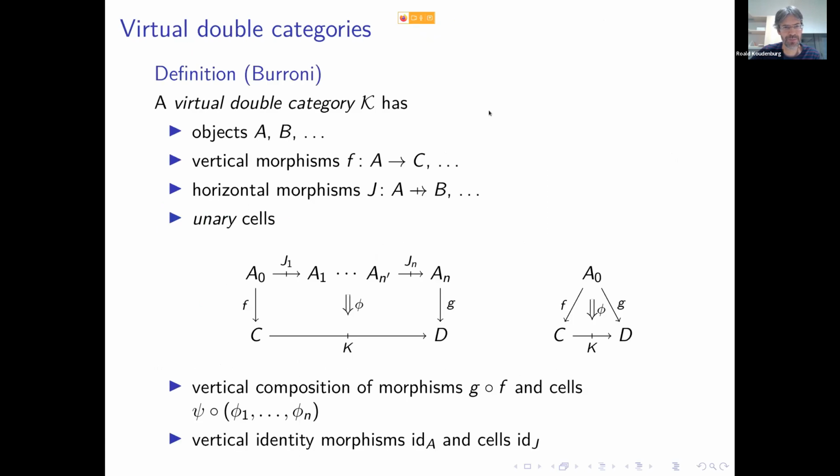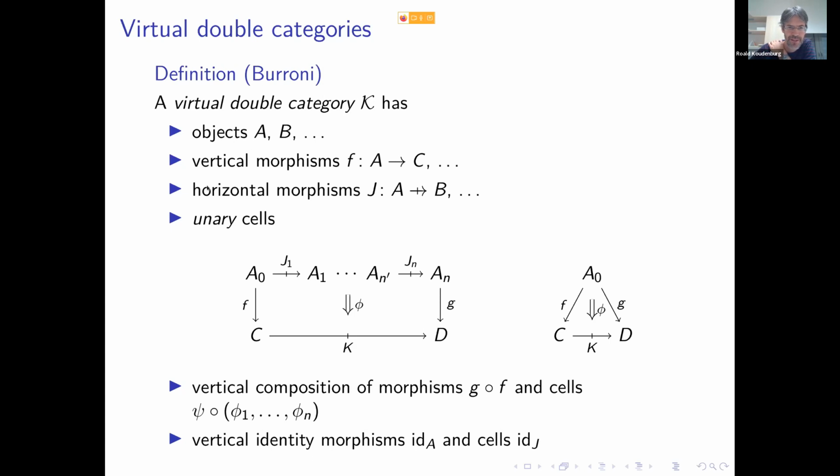So let me explain what those are. I'll first start with virtual double categories, those you might have heard of. They were introduced by Baroni. So these are double categorical structures that you want to use if you do not have horizontal composites, but you do have horizontal units. So they have four things.